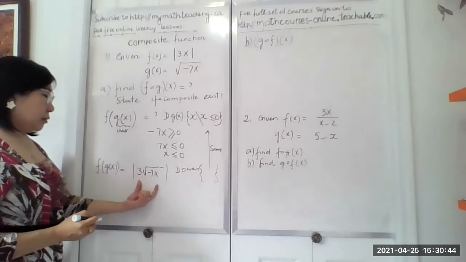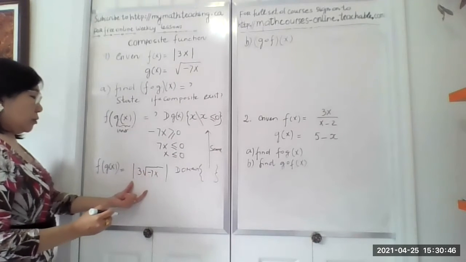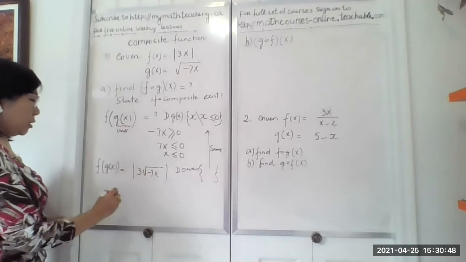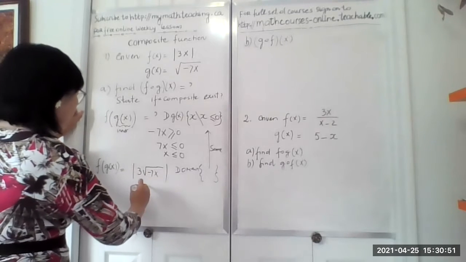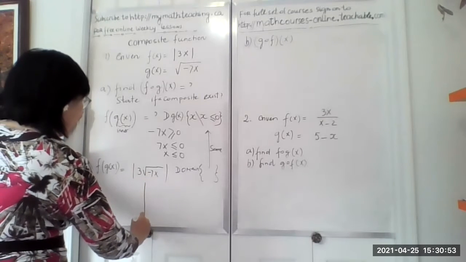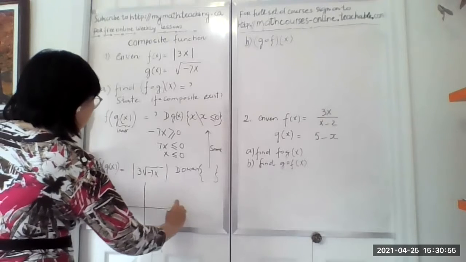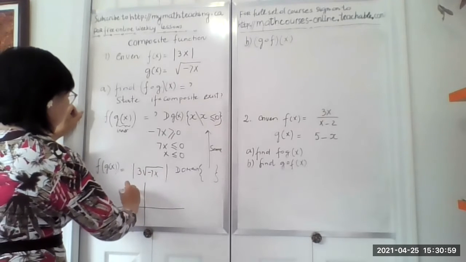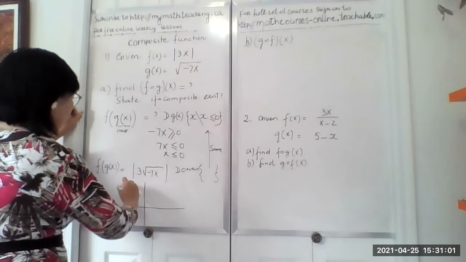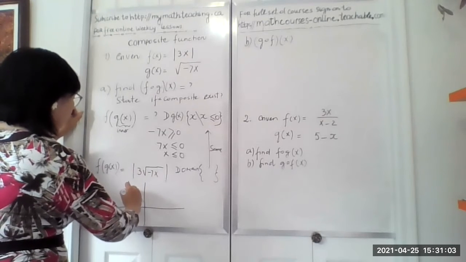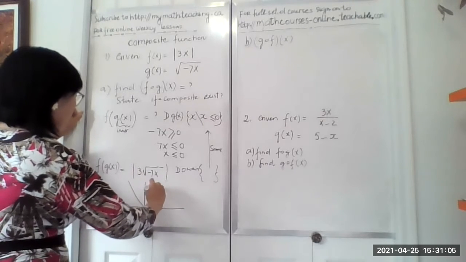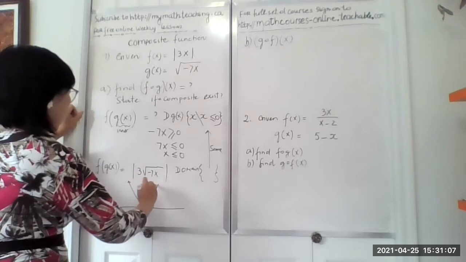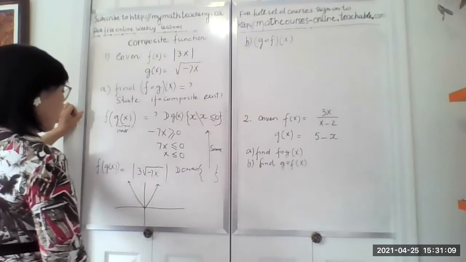And if we draw this function on the coordinate grid, we will have an absolute value function, something that looks like this.